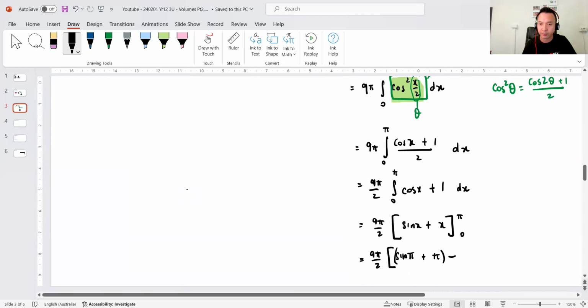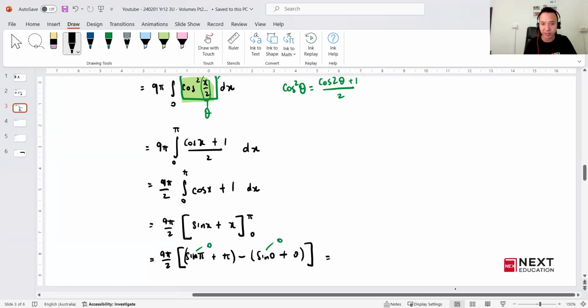So that guy minus sine 0, which is also 0, minus 0. So I've got this guy 0, that's pi, that guy 0, that's 0. So this whole thing is just pi. So my final answer there is 9 pi on 2 times pi, so 9 pi squared on 2 units cubed.